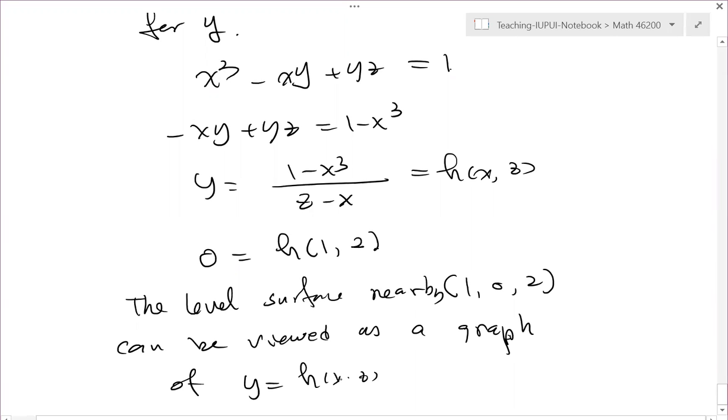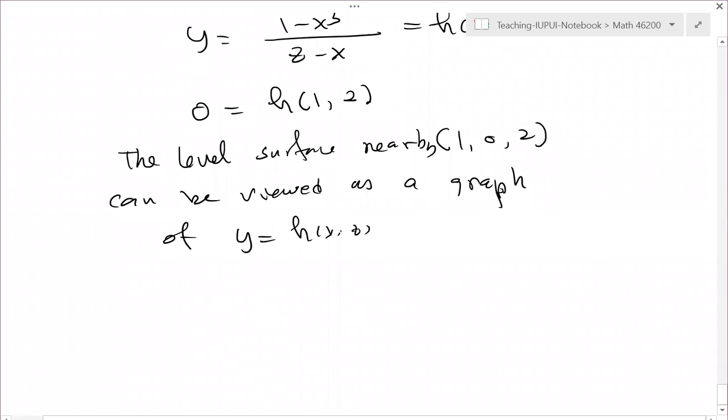So anyway, I'm not sure this whole level surface is a regular surface. I haven't checked every point, but nearby that point, it's a regular surface, and it's a graph of a function.